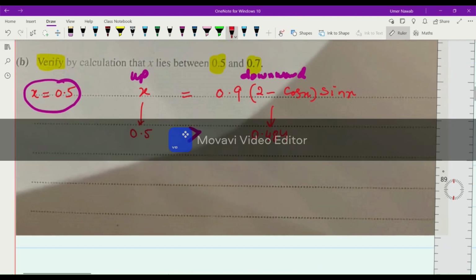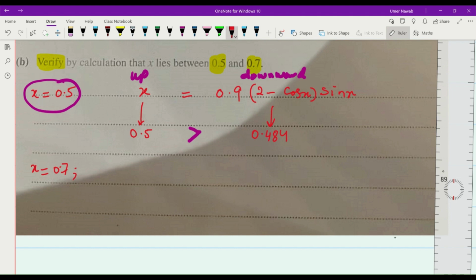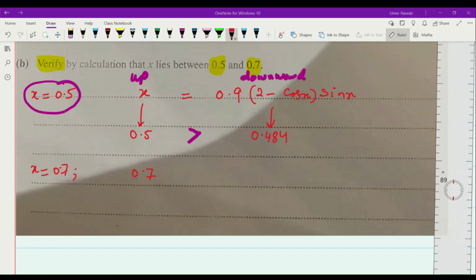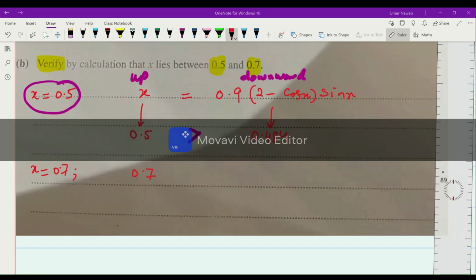Now let me substitute the second end point, which is 0.7. So x is equal to 0.7, I'm substituting. Let us substitute 0.7 instead of 0.5.